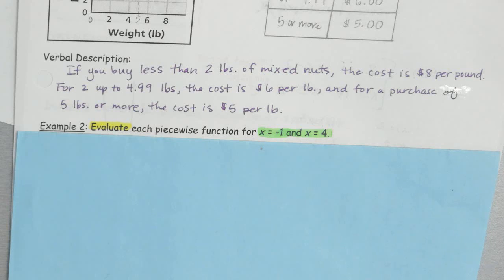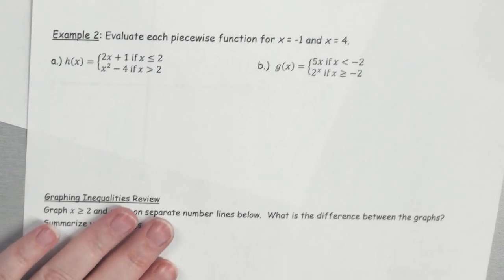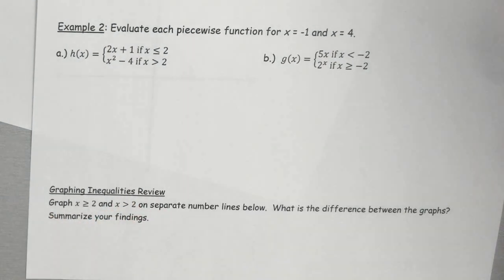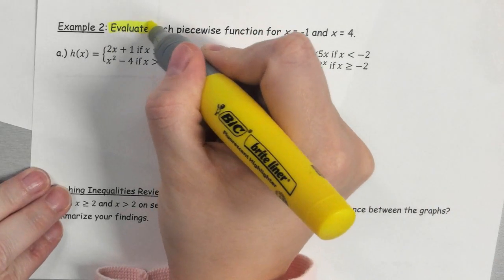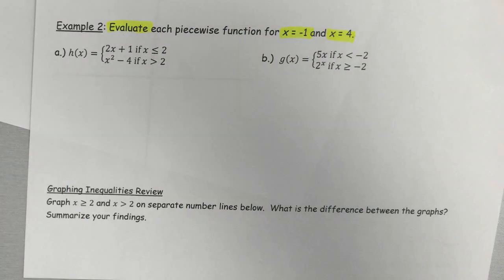Other times it might be the first one and the second one. It really just depends on what your piecewise function is. So we're evaluating, which means generally when you are evaluating, you are plugging something into a function to find a numerical answer. So we're going to be plugging that in. And this time we're doing it twice.